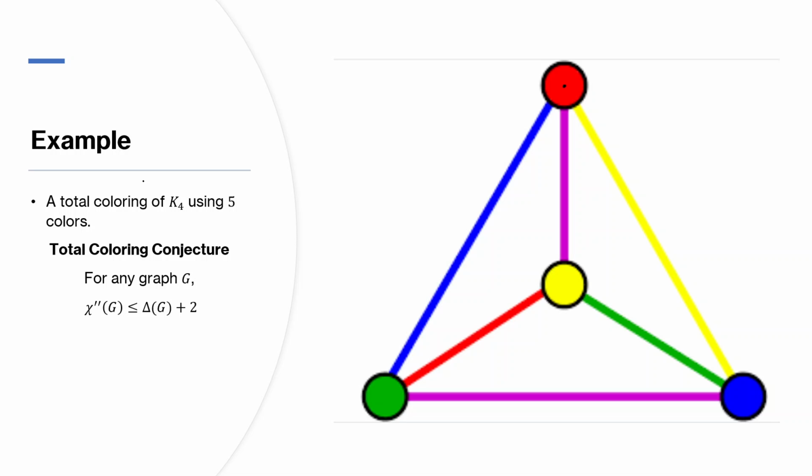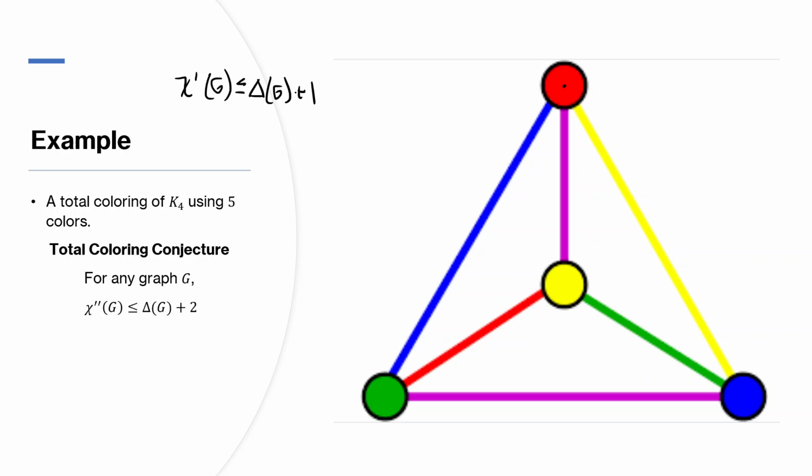The total coloring conjecture is that for any graph G, the total chromatic number of the graph is bounded above by the maximum degree plus 2. Seems like a fairly easy to state problem for total colorings, but this has not been proved. By the way, for edge colorings, the chromatic index of a graph is bounded above by delta of G plus 1.